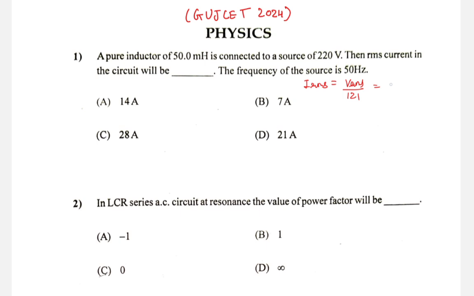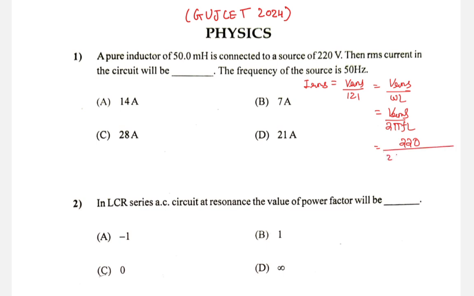Here the circuit is only inductor, so mod of Z is equal to omega L. Therefore IRMS is equal to VRMS divided by 2 pi f into L, and the voltage given is 220 volt.